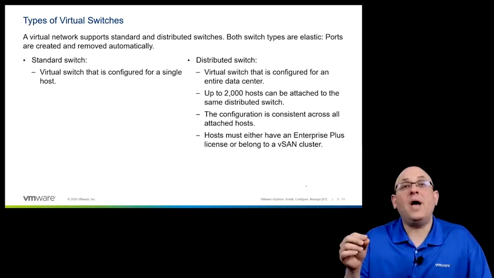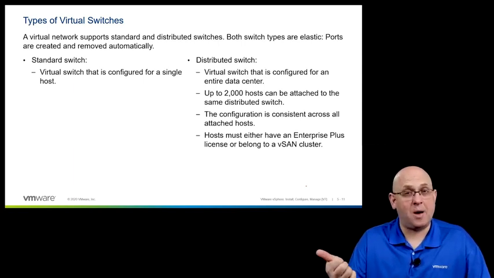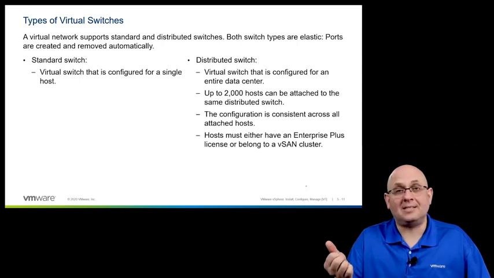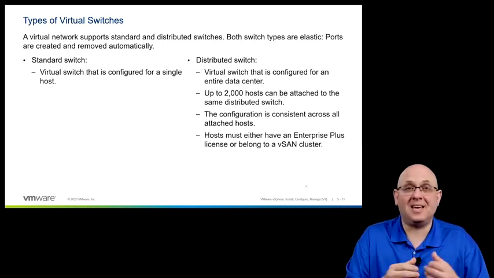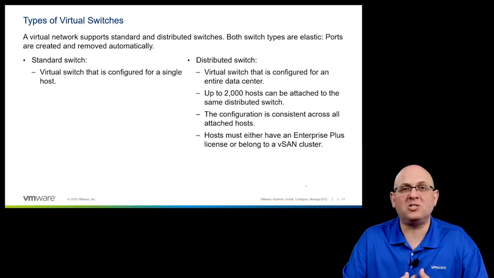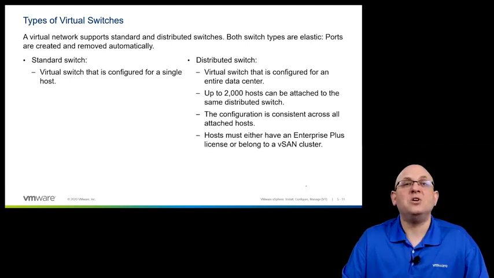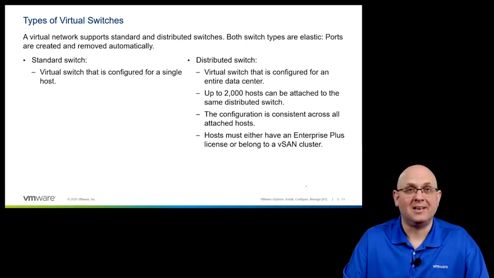Okay? There are two ways to get a distributed switch from VMware. Either use vSAN licensing, right? So if you have vSAN in the environment, you get the distributed switch. Or if you don't have vSAN, you can get the Enterprise Plus license for vSphere. So when we come back, we're going to look at how we push the buttons and twist the knobs in establishing virtual networking on your ESXi hosts for standard switches.